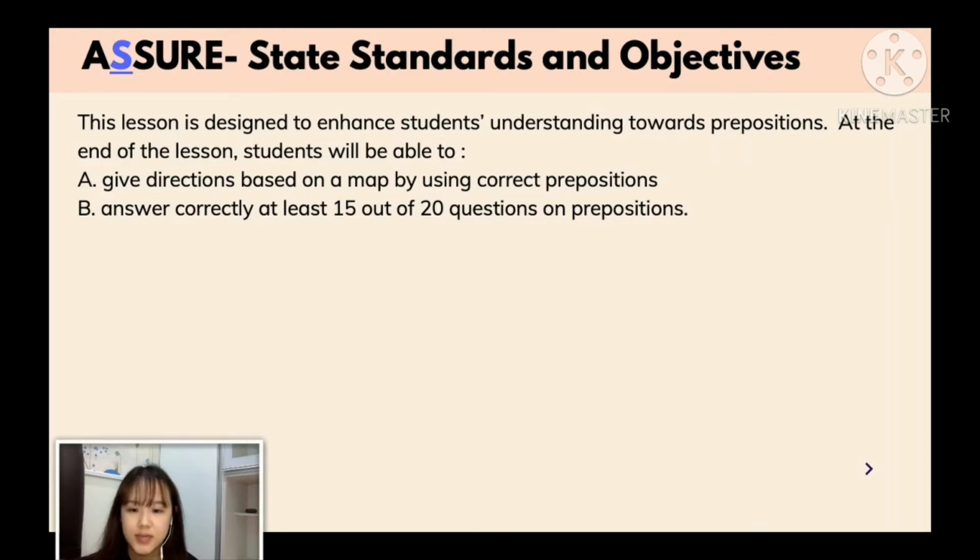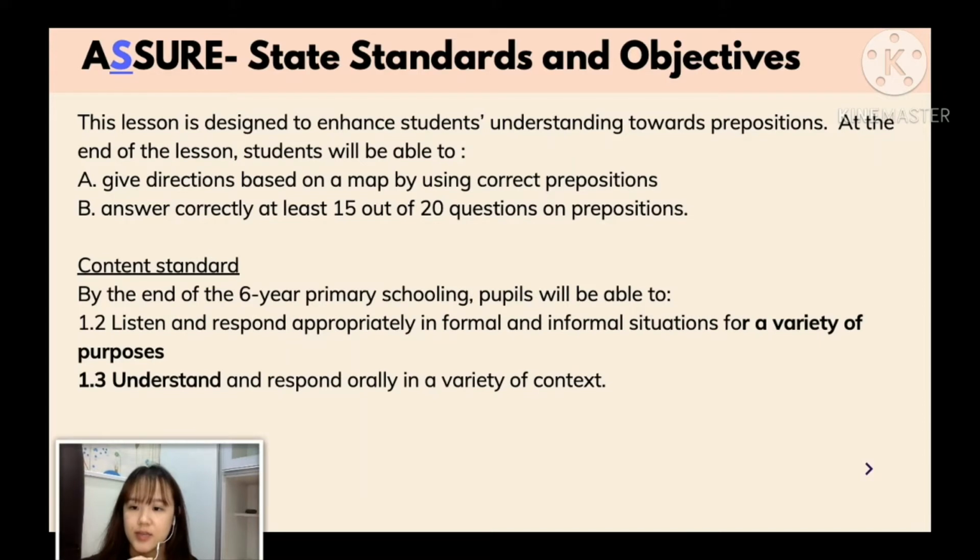The content standard and learning standards are from the Year 4 DSKP for English language. Let's take a look at the content standards. The content standards are, by the end of the 6-year primary schooling, pupils will be able to listen and respond appropriately in formal and informal situations for a variety of purposes, and understand and respond orally in variety of contexts.